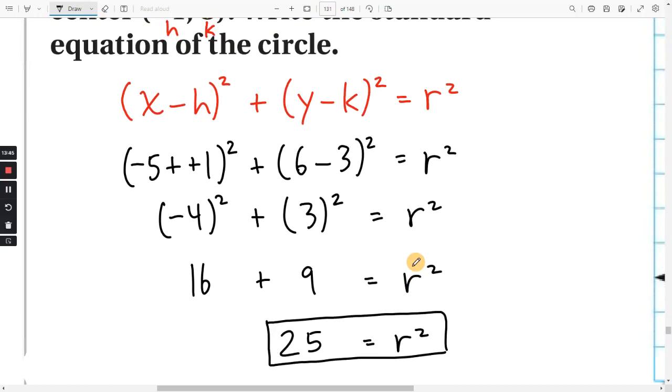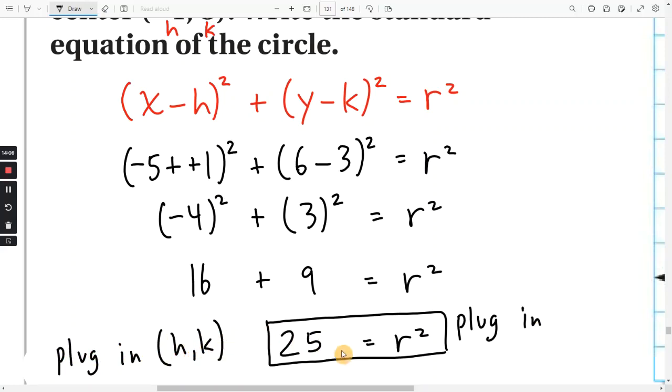Alright, so really, now that we have this, you want to plug it in. And also you want to plug in h comma k. So we need to do this and this in the original equation, that's all.